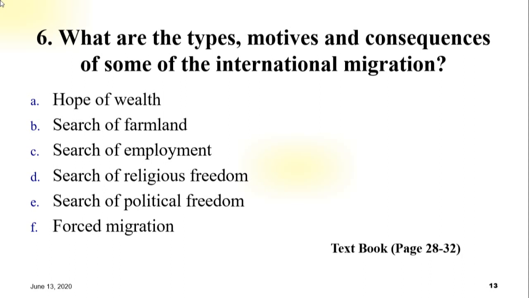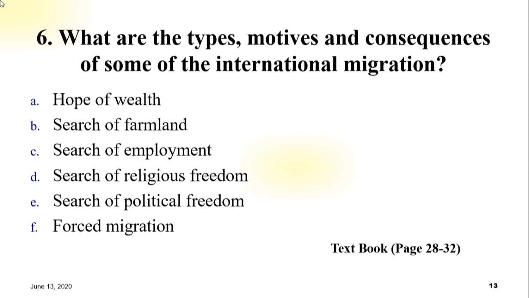Hope of wealth means when people migrate from their country to another country, they want to get a lot of money to support their families. Number 2, search of farmland.